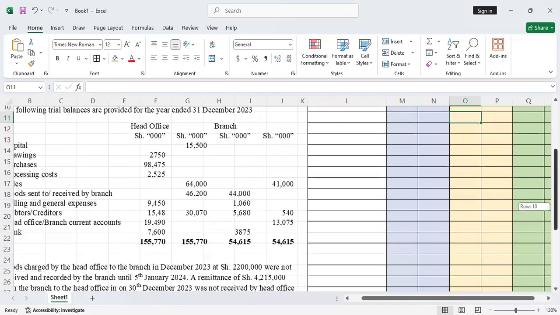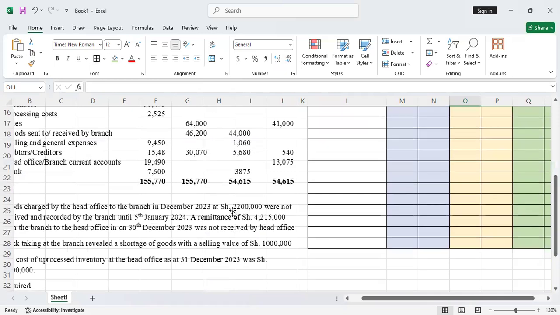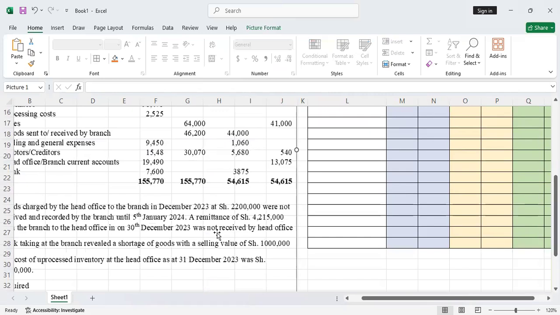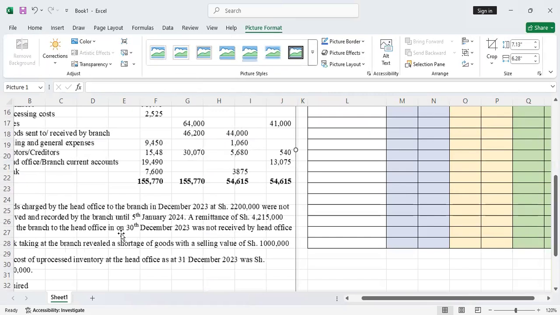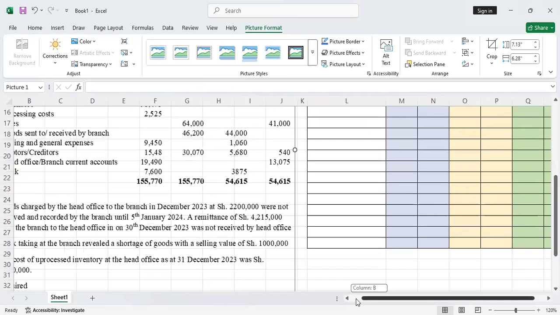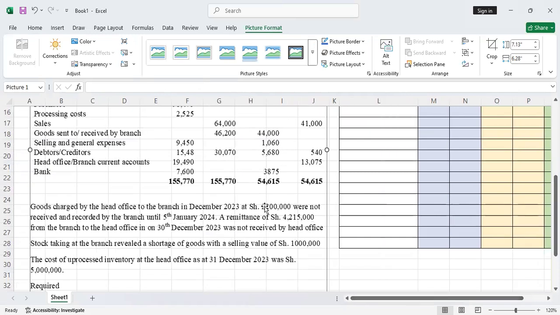Where's the difference? The difference is down here. This 2,200 has been sent by the head office, but the branch has not received it. And that creates the disparity you are seeing here, 46,200 and 44,000.